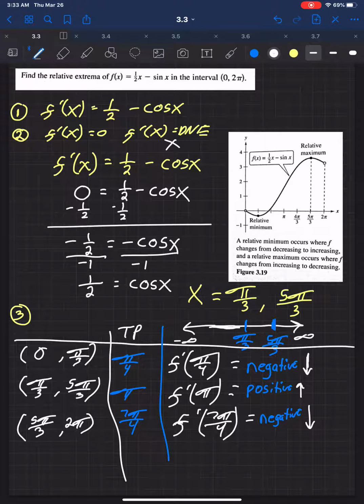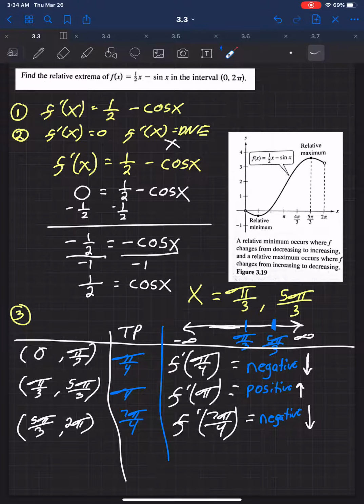Okay, so will you agree with me that as you were walking from 0 to pi over 3, throughout the entirety of that walk, you were decreasing. You were walking downhill the whole time, right? You see what I'm talking about here? You are decreasing.